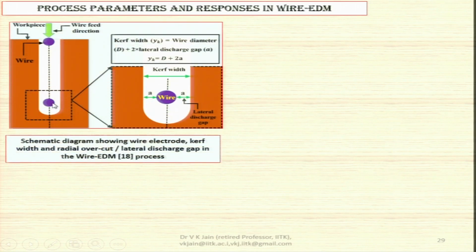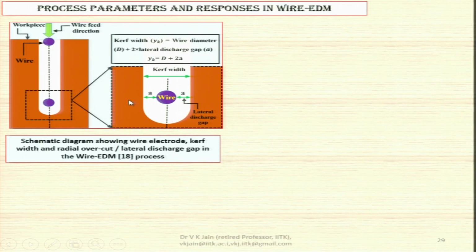This we have seen. This is the kerf that is being created. This is the wire. Now important point to note here is, you can see the kerf width is always larger than the diameter of the wire, whatsoever may be the difference. But this is bound to happen so that between the wire and the surface being machined, dielectric can flow, sparking can take place.